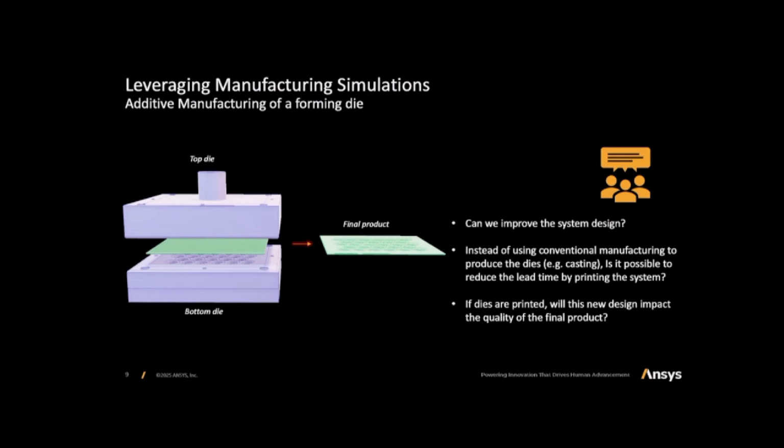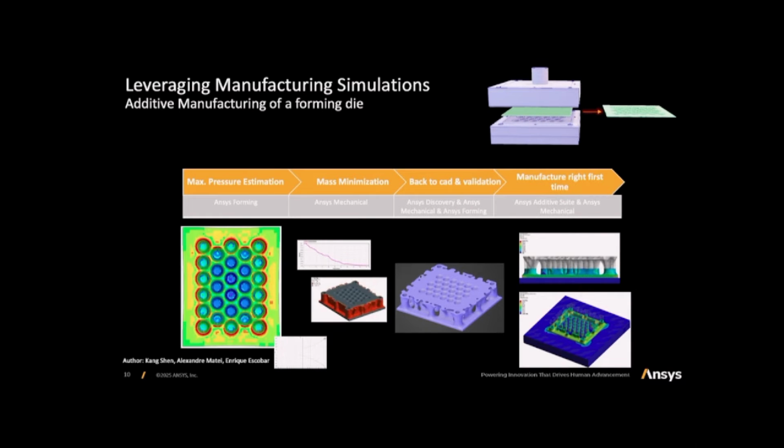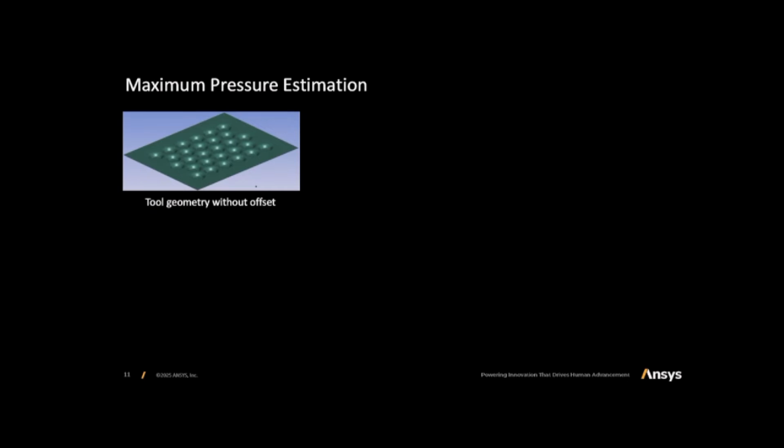Sometimes it may be geometric and other constraints, but in those scenarios where die weight matters, you can go through this process. We're going to figure out the maximum pressure on the dies, do a topology optimization to minimize the mass, go back to CAD, and then go through the manufacturing process simulation to make sure you're getting everything right.